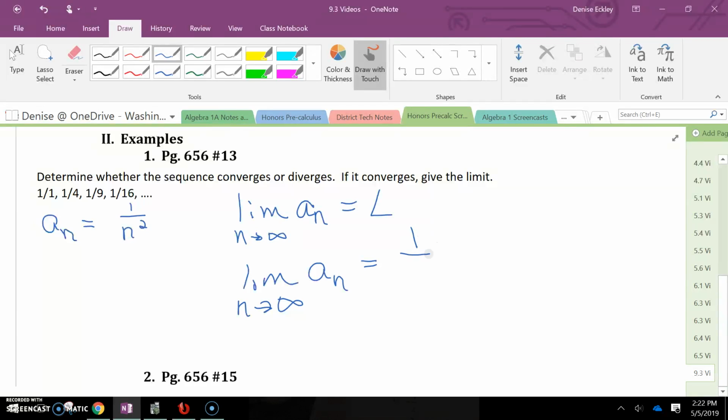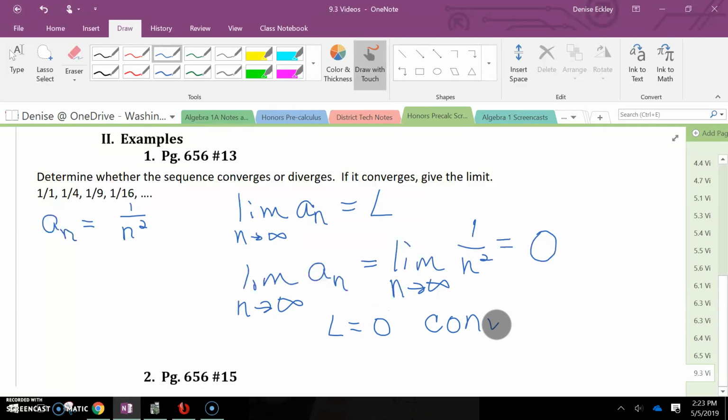In this case, the degree of the denominator is n squared, so it's 2. And the degree of the numerator is 0. So the degree of the denominator is greater than the degree of the numerator, so this function would converge to 0. So we know that L equals 0 and it converges.